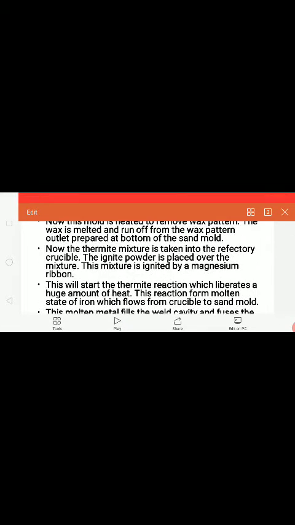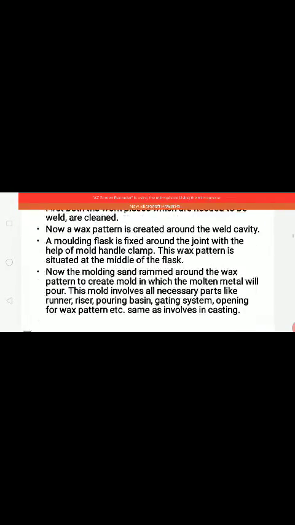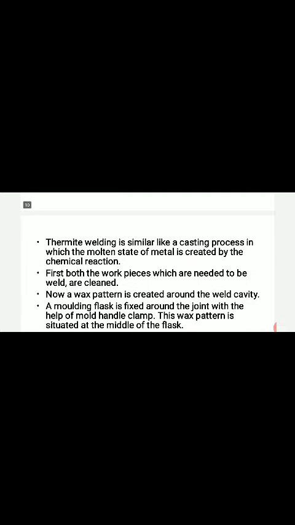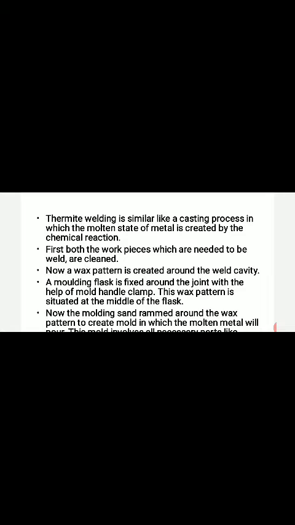Coming to the thermite welding process, as I said, thermite welding is similar to a casting process in which a molten state of metal is created by a chemical reaction. First, both the workpieces which need to be welded are cleaned. Now a wax pattern is created around the weld cavity.